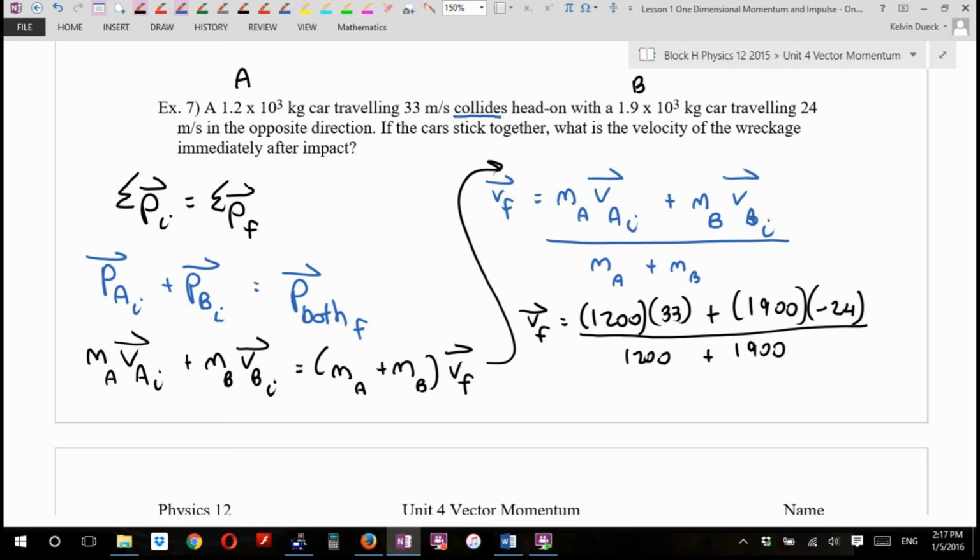Now, if I get a positive velocity, then the direction will be in the direction of car A. If I get a negative final velocity, the direction will be in the direction of car B. Car B would have pushed car A backwards. If I get a positive answer, car A would have pushed car B backwards. What do you get?